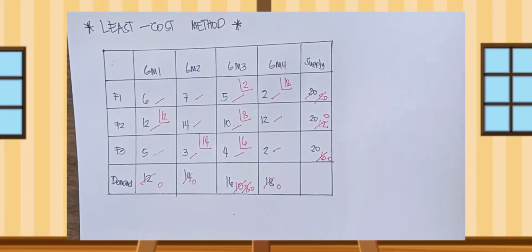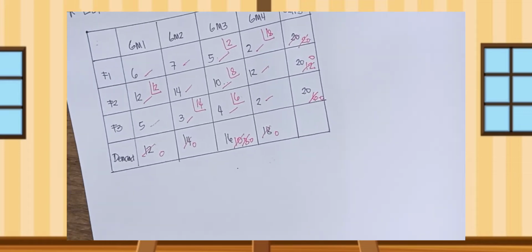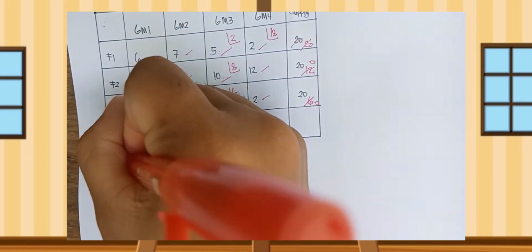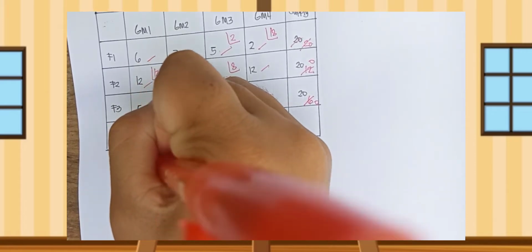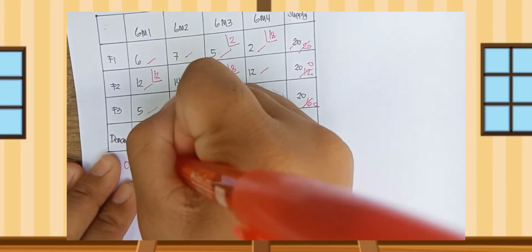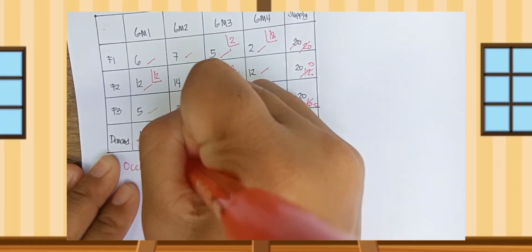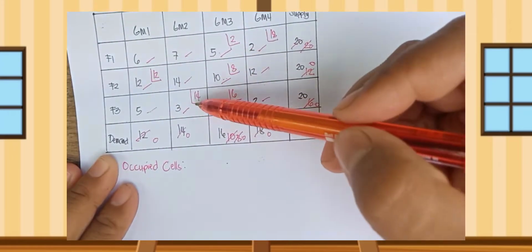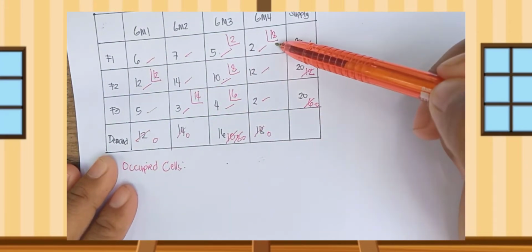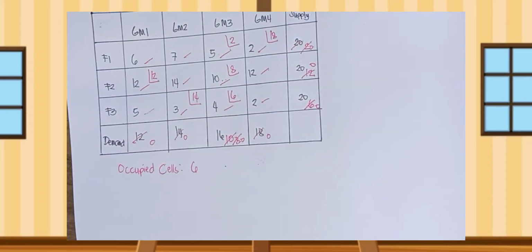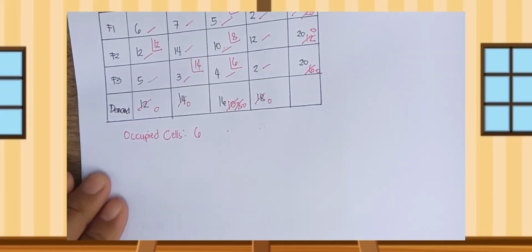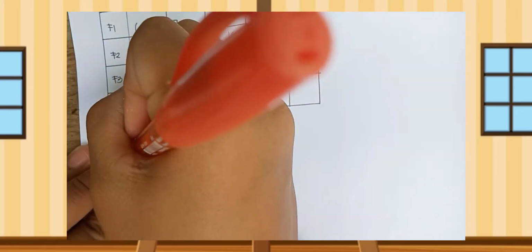Then after solving, we will count how many occupied cells. So we have 1, 2, 3, 4, 5, and 6. 6 occupied cells. Then after that we will know the total cost.